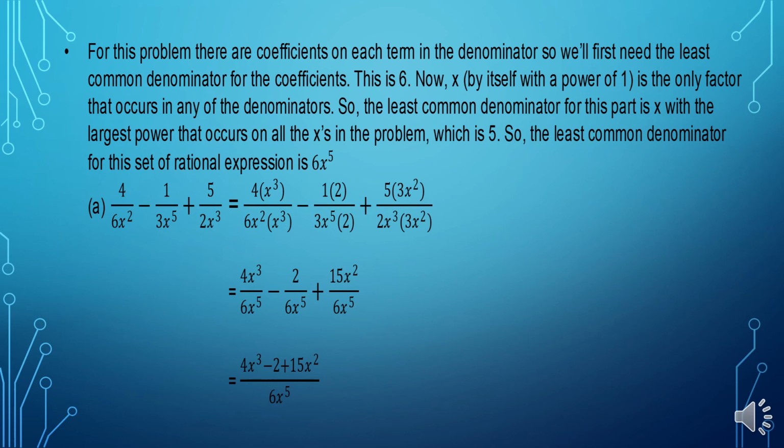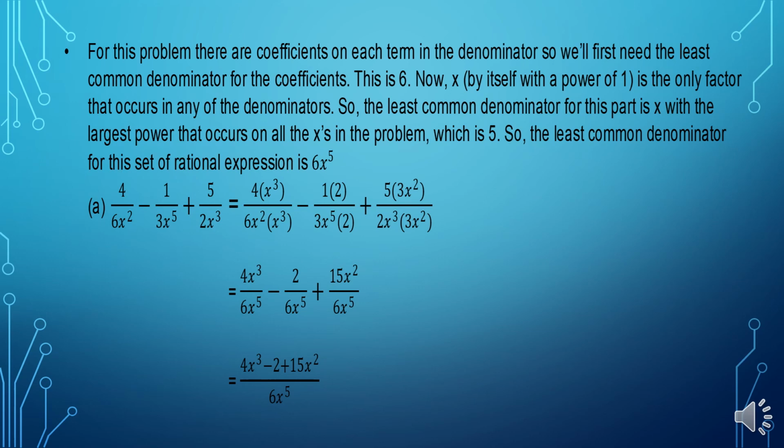So here for this problem, there are coefficients on each term in the denominator. So we'll first need the least common denominator, or the LCD, for the coefficients. Now x by itself with a power of 1 is the only factor that occurs in any of the denominators.